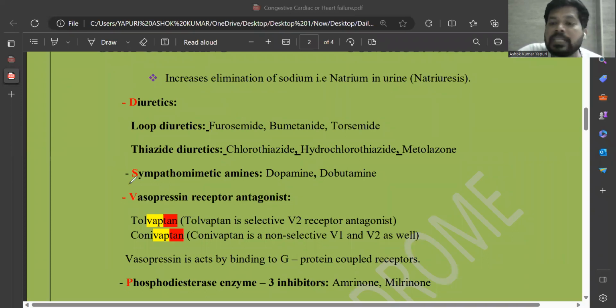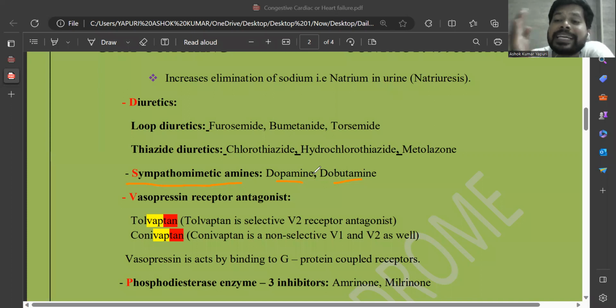And next in BANDS VPC is the letter S, sympathomimetic amines. Examples are dopamine as well as dobutamine. They act like a dopamine agonist. The dopamine agonist on the renal artery increases blood flow to the kidney and increases the glomerular filtration rate.